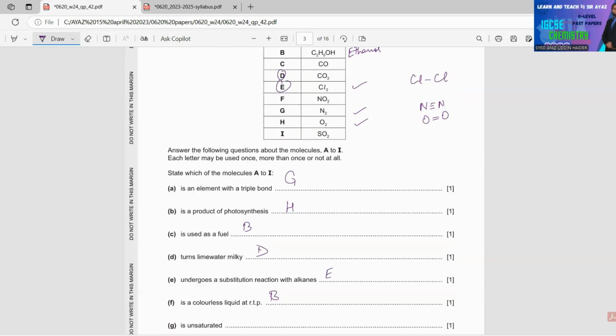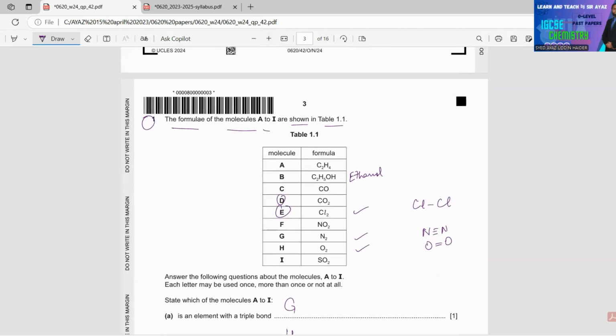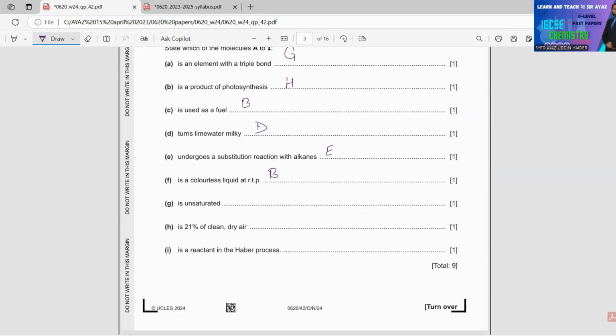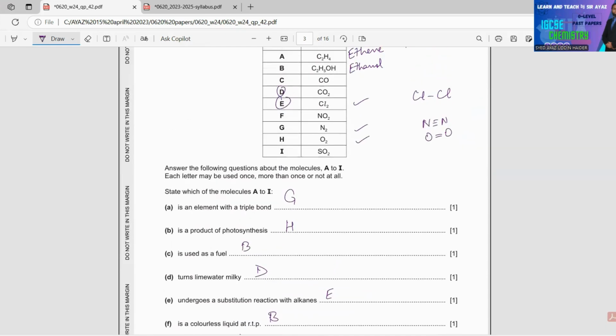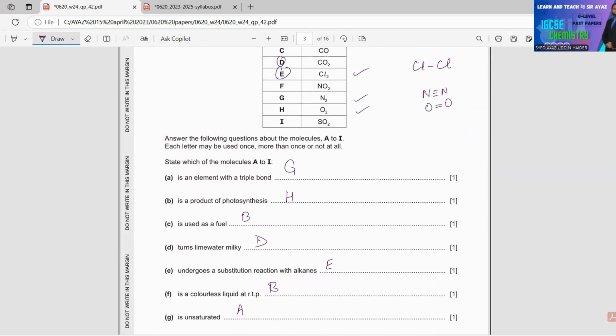G is unsaturated. If you look at the list, we have ethene here, which is unsaturated, containing a carbon-carbon double bond. So the answer must be A for this one. H is 21% of clean dry air. You know that oxygen is present in 21% of clean dry air.